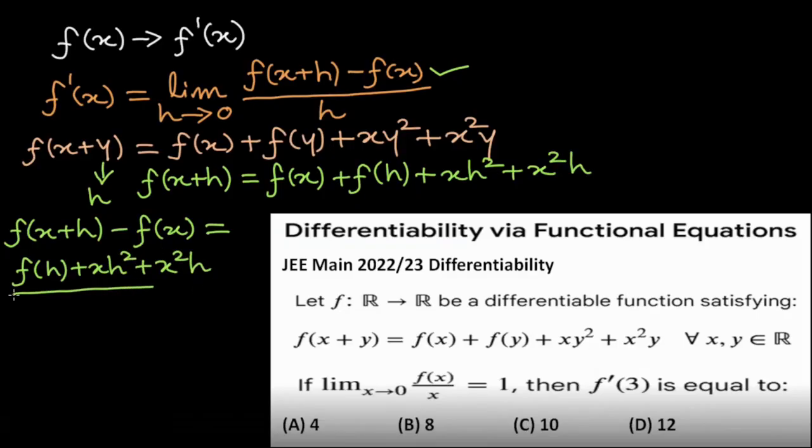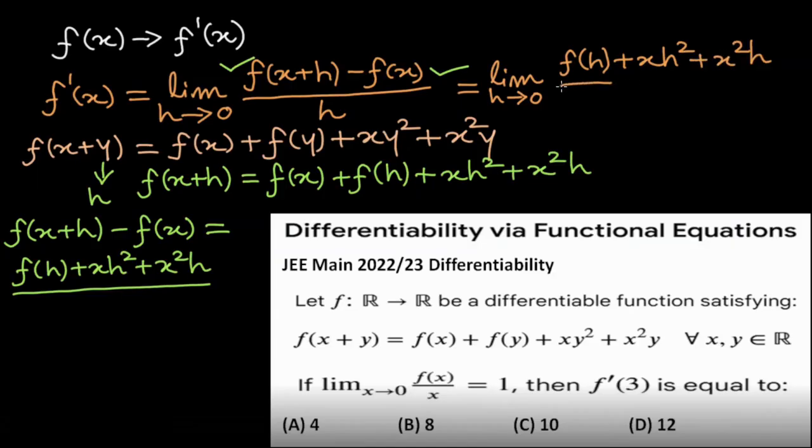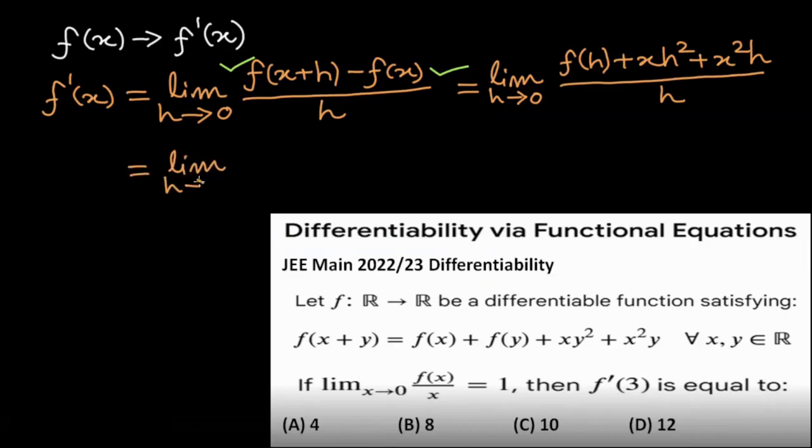We will use this value in the numerator here and get f'(x) equals limit as h tends to 0 of f(h) plus xh squared plus x squared h upon h. Dividing separately, this will be limit h tends to 0 f(h)/h plus xh plus x squared.